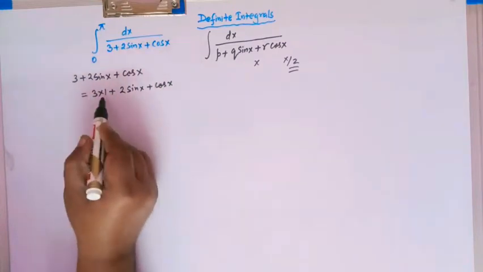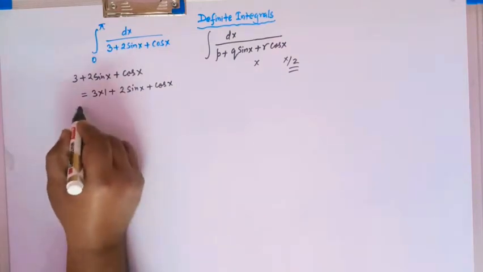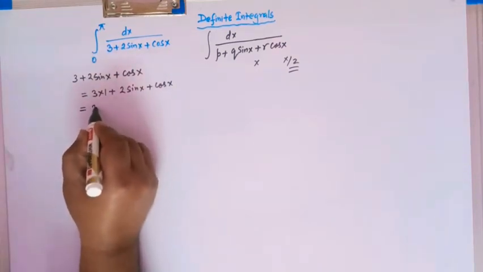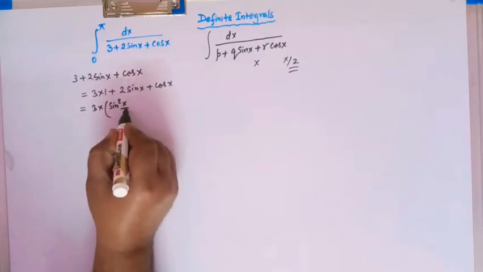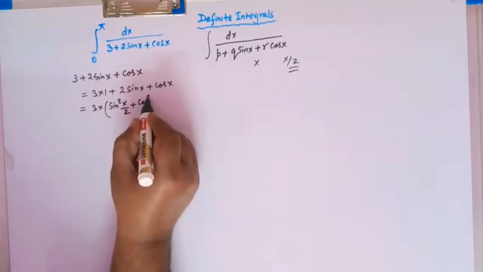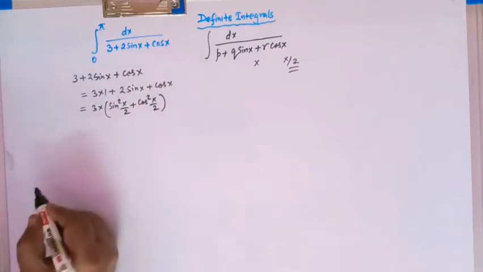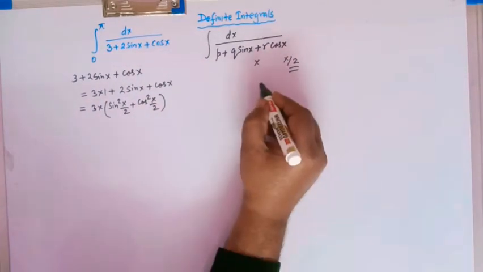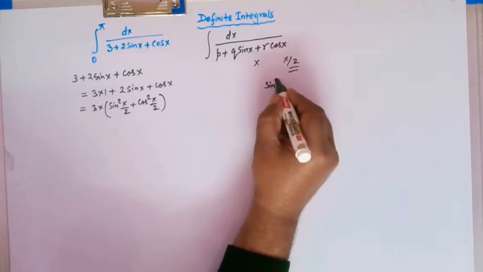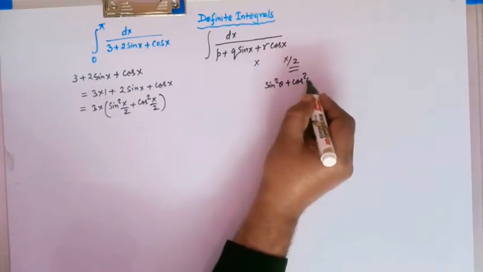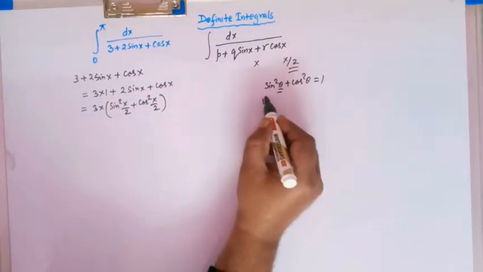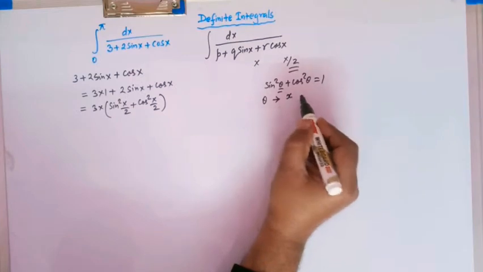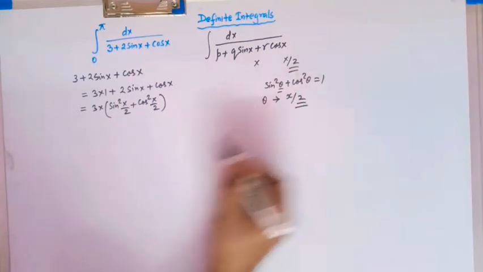So 3 can be written as 3 multiplied by 1. Now this 1 can be written as sine square x over 2 plus cos square x over 2, because we know the identity sine square theta plus cos square theta is equal to 1, but here we are taking the angle theta as x over 2.